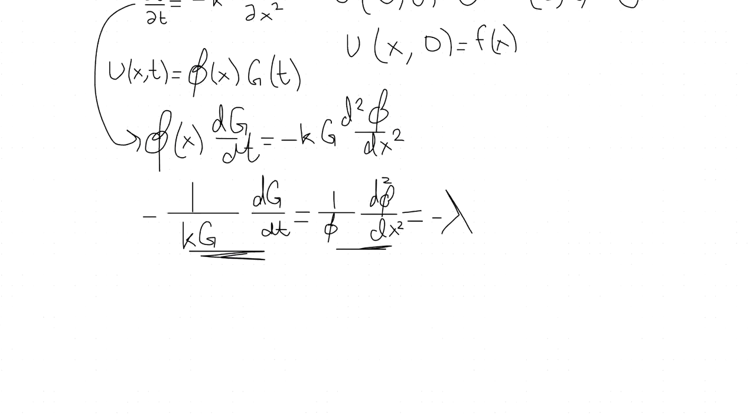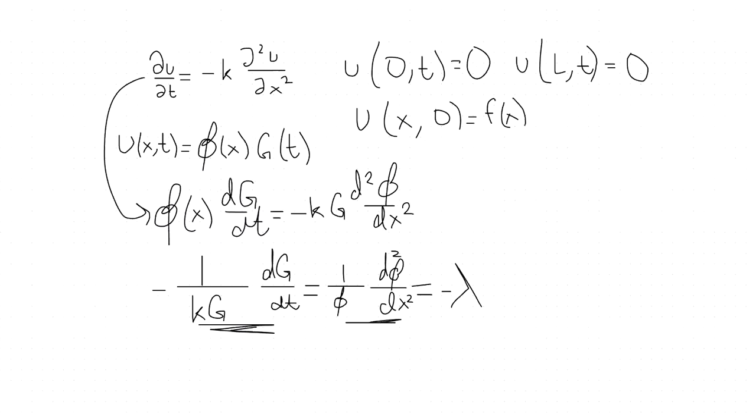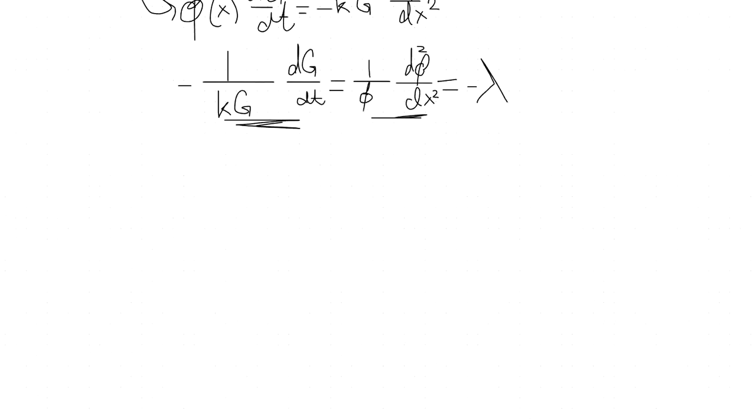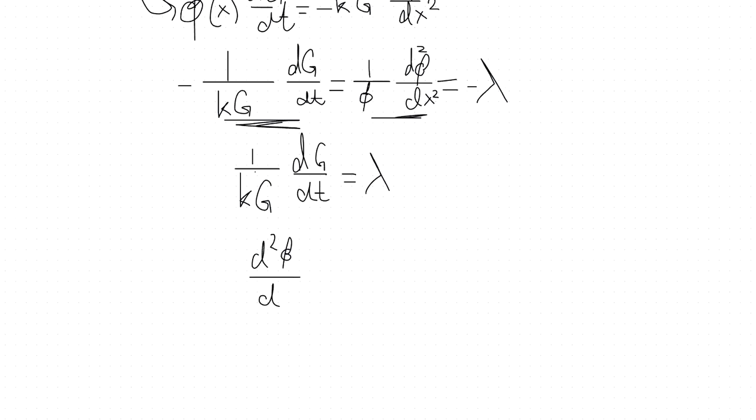Next, what we can do is separate this originally partial differential equation into two ordinary differential equations by now saying, okay, 1 over k g times dg over dt is equal to lambda, and 1 over phi times d squared phi over dx squared is equal to minus lambda.